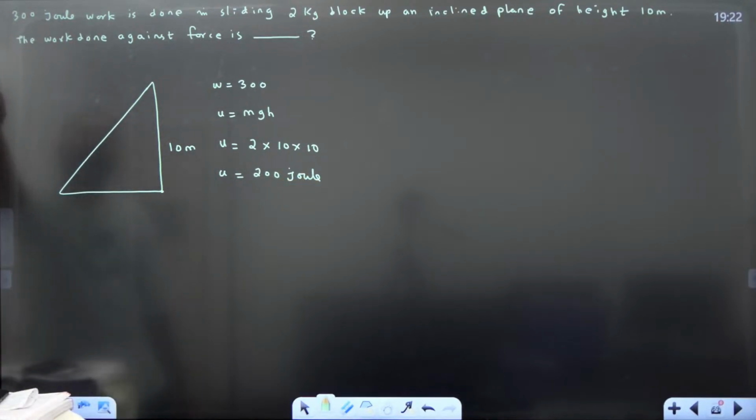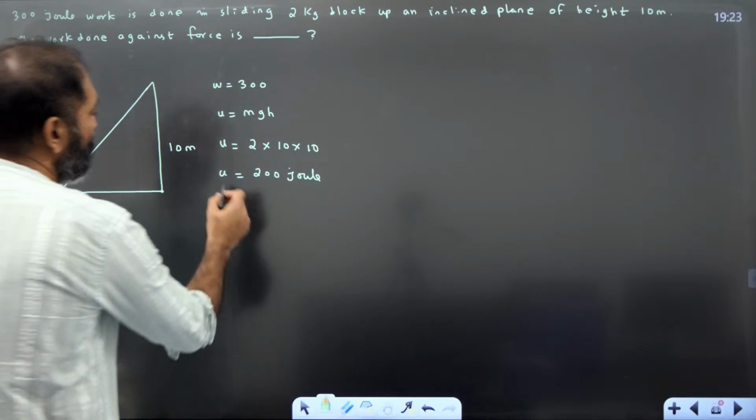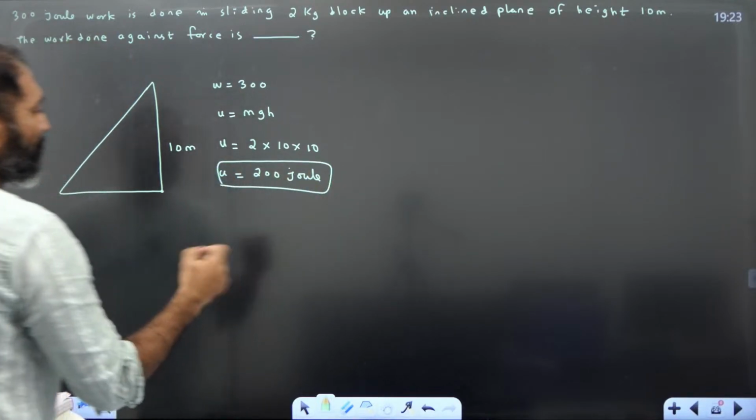Any doubt? Potential energy is simply 200 joule. Now, work done is 300 joule, while the actual potential energy is 200 joule.